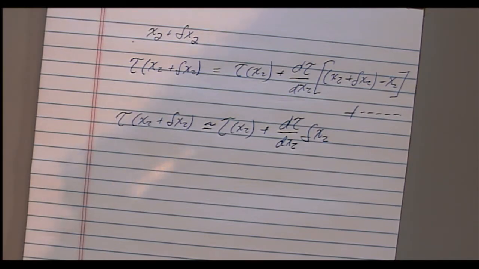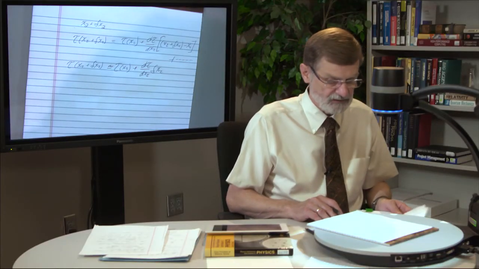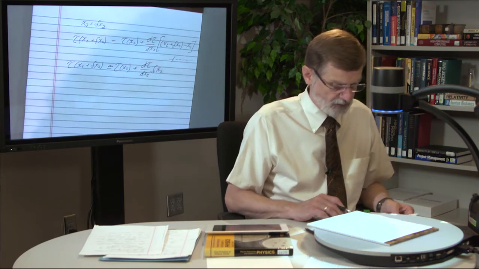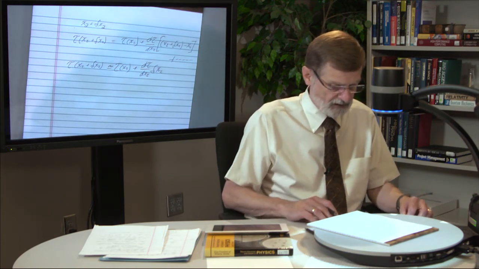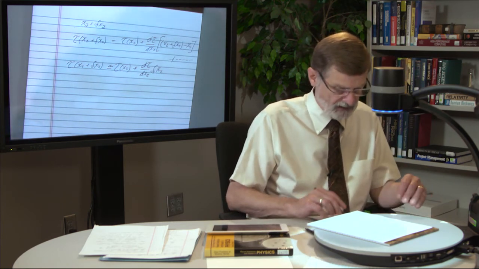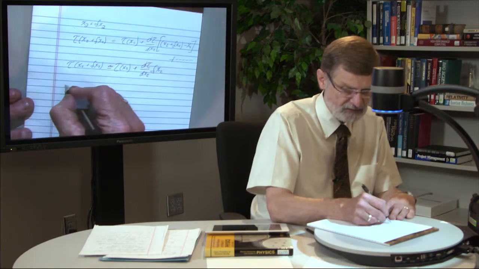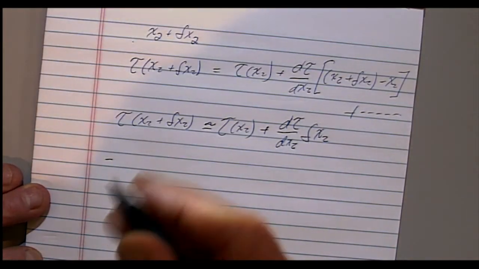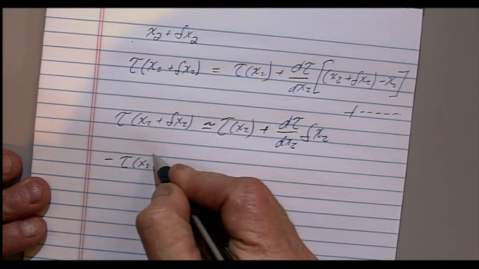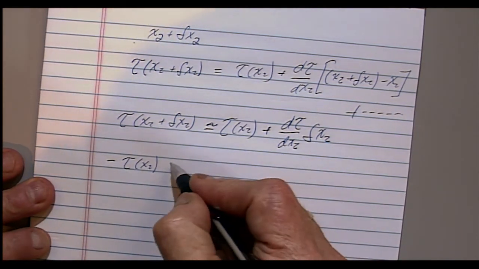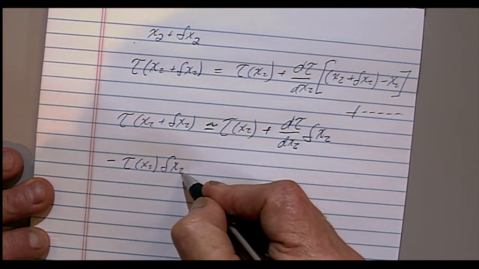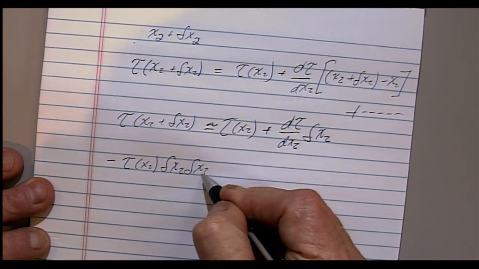All right, and if we want to convert stresses to forces, because we're not going to do a stress balance, we're going to do a force balance, just balancing the force on the top and on the bottom. The force on the top surface is in the negative x2 direction, so that's tau at x2 times the area, and the area that it's operating on, when we go back and look at the figure, you'll see is delta x1 times delta x3.